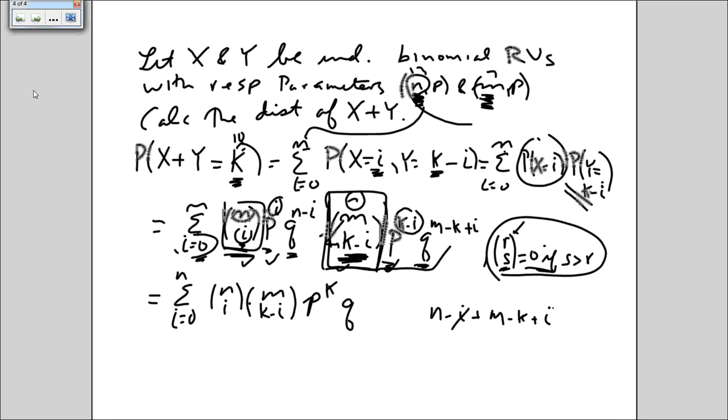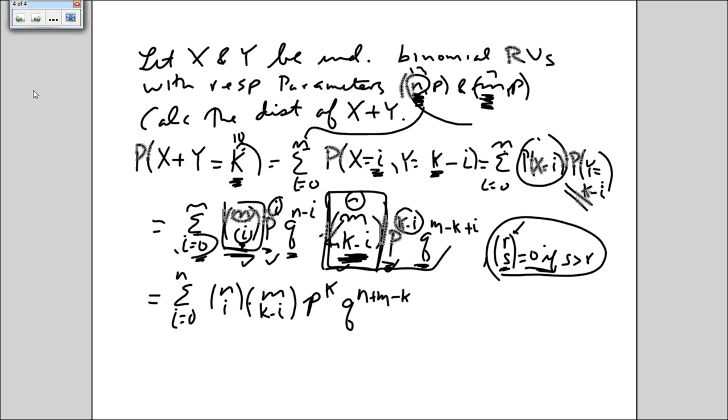The minus i plus i cancels, and you're left with n plus m minus k.